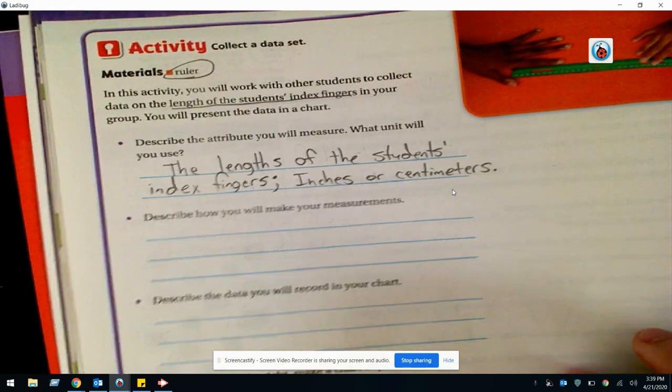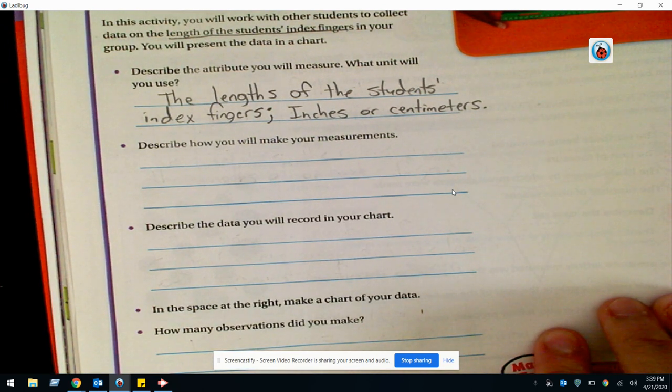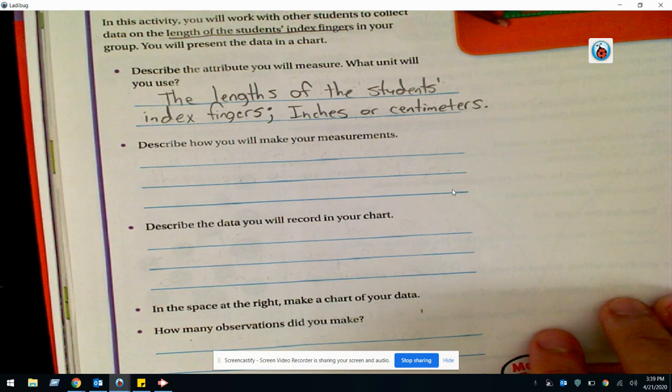Okay? So the second bullet point says, describe how you will make your measurements.